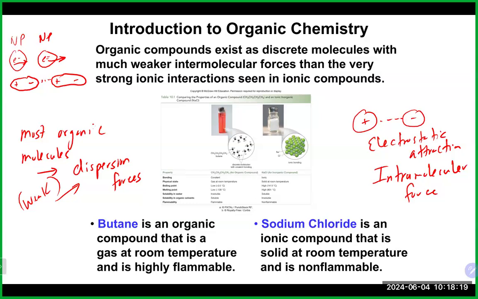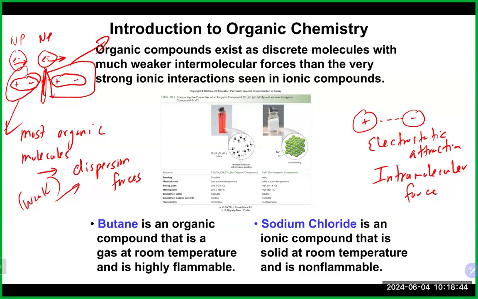That's because if you sneeze at this guy, it's going to have no problem hopping off into the gas phase because it's not being held together very tightly. That's also why organic liquids are sometimes referred to as being very volatile, which means that they could go into the gas phase really, really easily. It doesn't take a lot for that to happen.